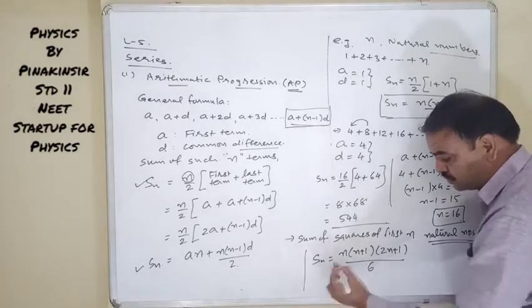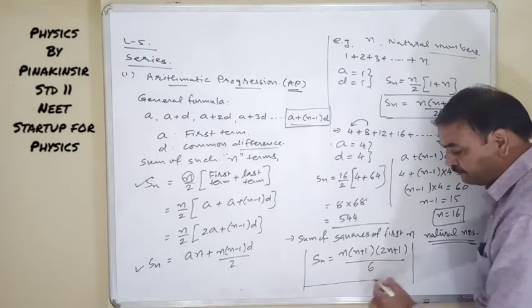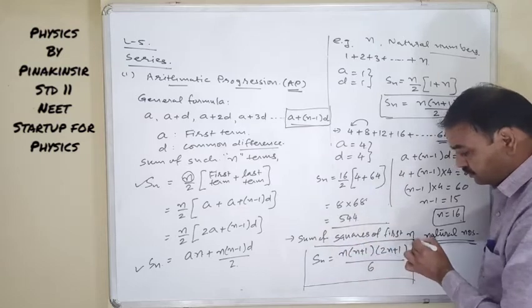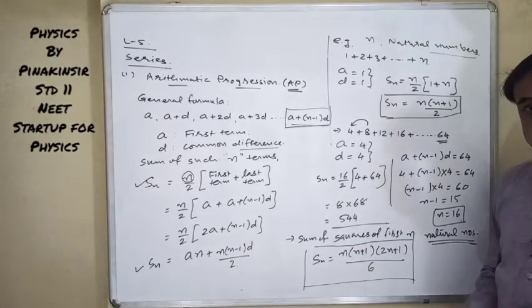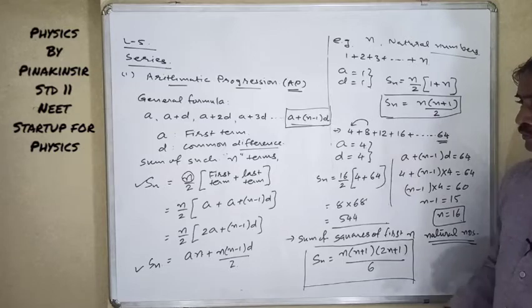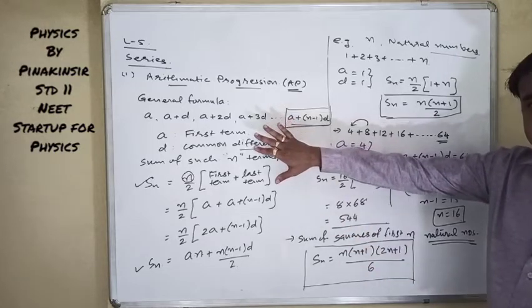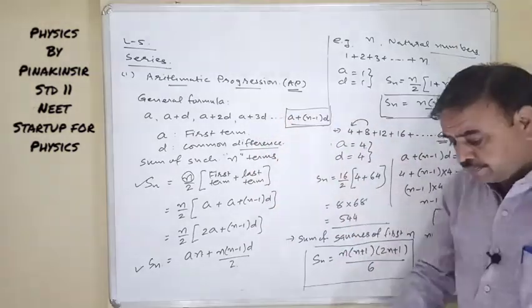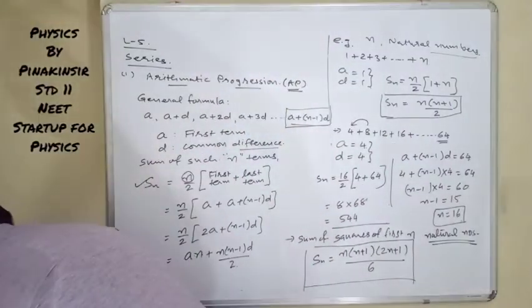You have to just memorize this formula. Sum of squares of first n natural numbers. This is all about arithmetic progression in which difference is common. One more term is there.